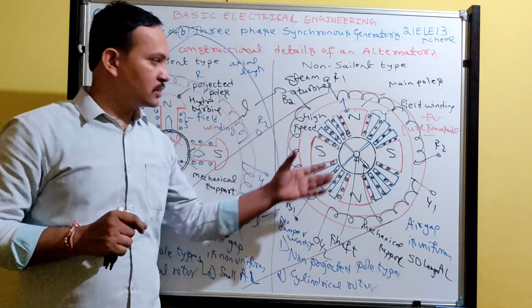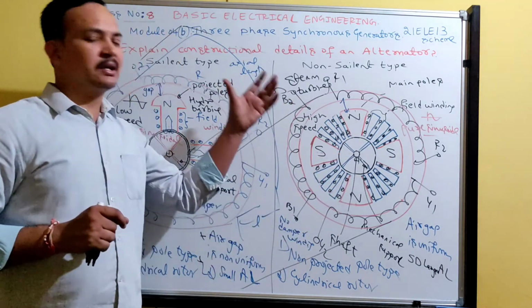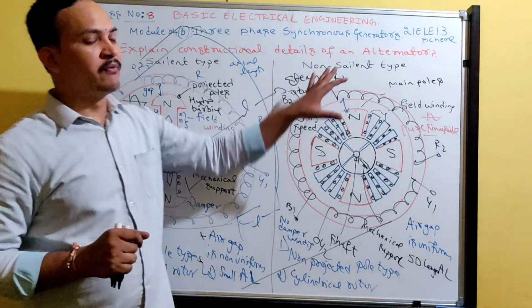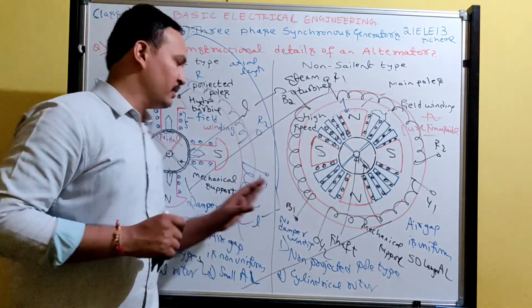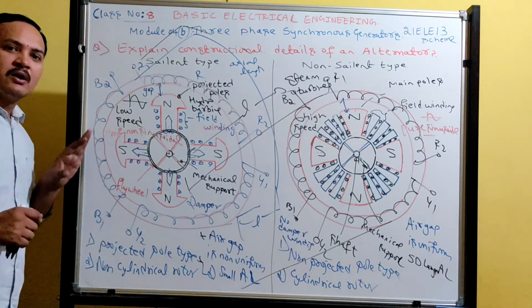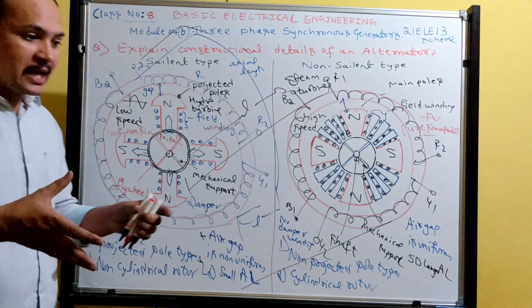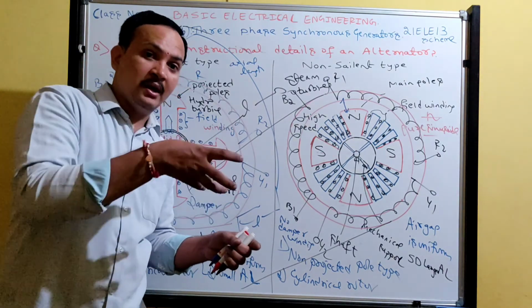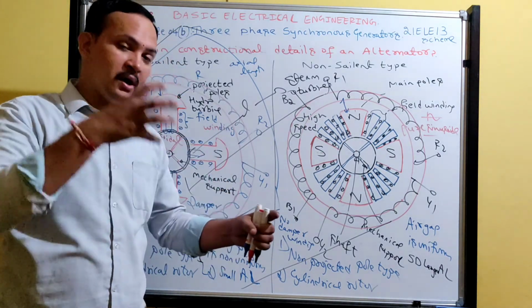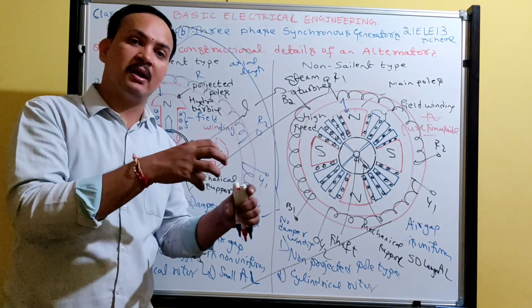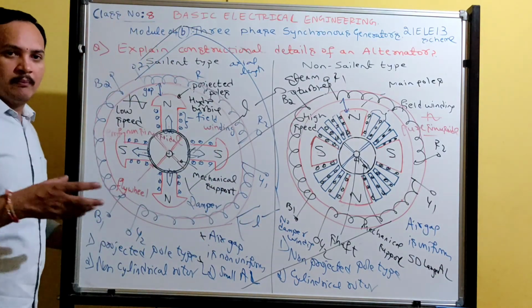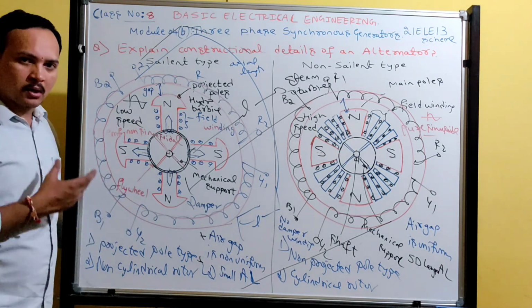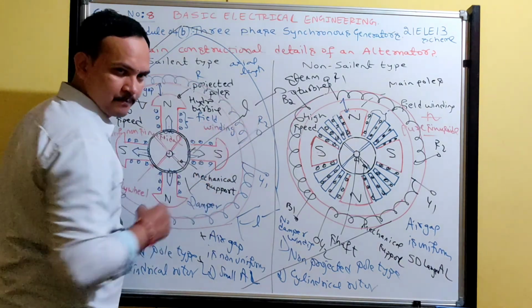So the turbine fluctuates, the rotor also fluctuates, but that is nullified in this type of alternator. Vibrations rarely occur here, whereas in the other one we can regularly predict vibration. Throwing water on the turbine blades is quite different from passing high-pressure steam on the turbine blades. Water will cause a lot more vibrations on the rotor compared to steam.